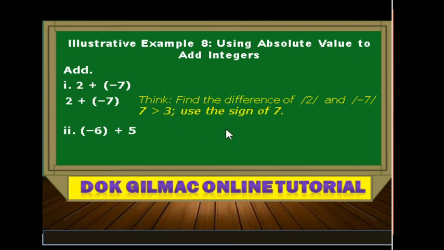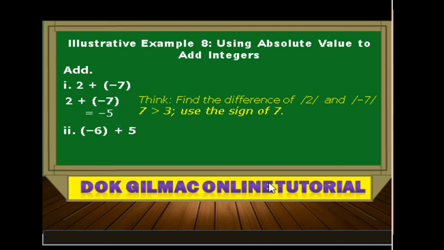There's a clerical error here. 7 is greater than 2, I should say. Use the sign of 7. I repeat, there is a clerical error here. So negative 7 plus 2 is equal to negative 5. Okay, 7 minus 2 is 5, and the sign of 7 is negative.